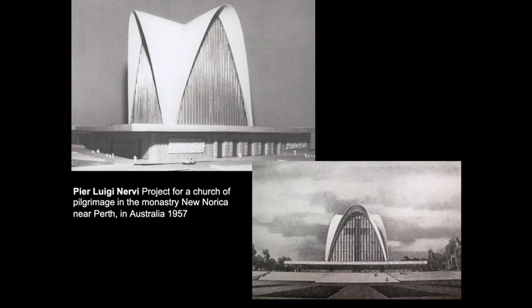You can see this double curved shell, and you can imagine that there is also a very spectacular space inside, and a good reason to design this building as a church. So the inside space is really spectacular.